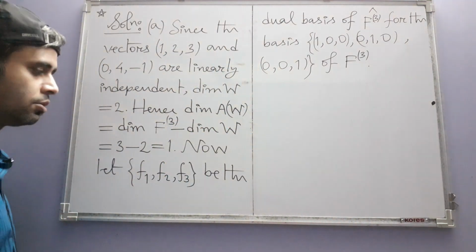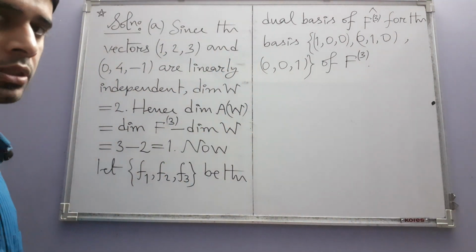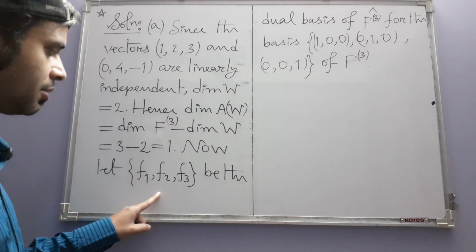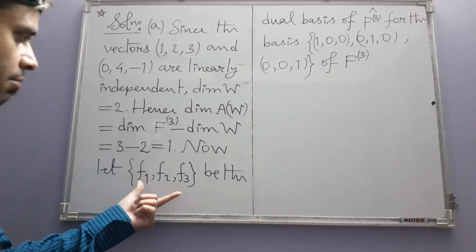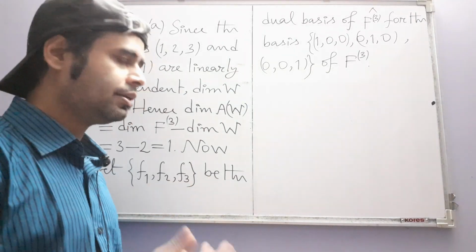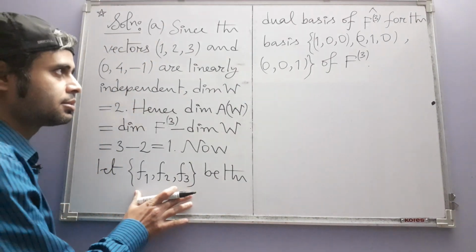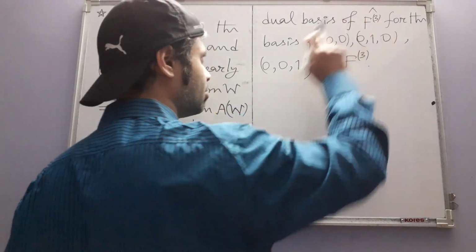Why do we need to consider the dual basis? That's because from this basis we will be able to write any linear functional, because this dual basis is a basis for the dual space.